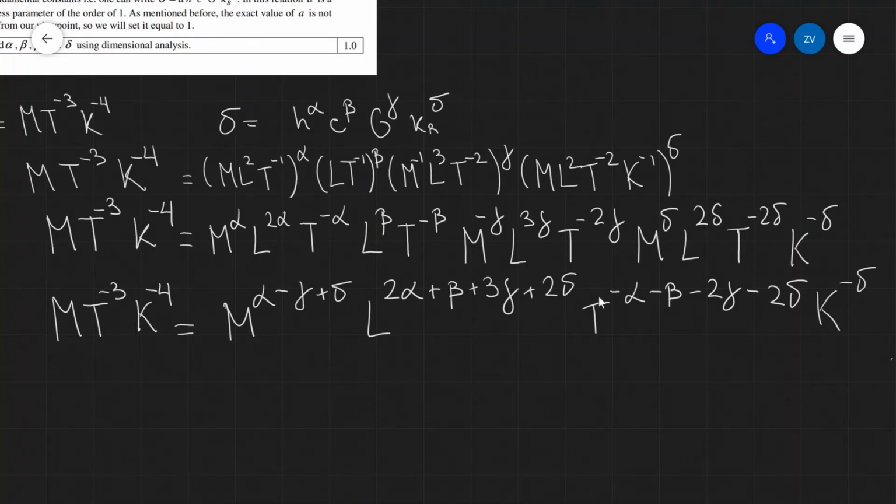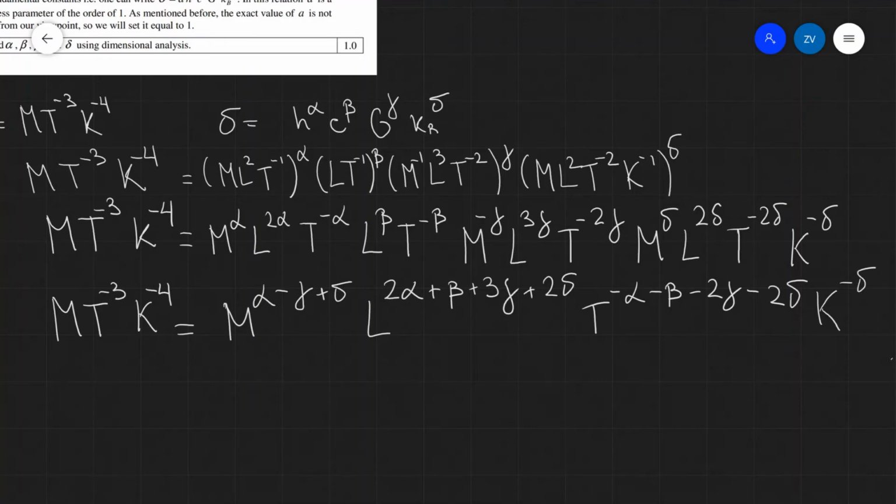The expression for the power of t will have to equal minus 3, and minus sigma will be equal to minus 4. Together, these expressions will allow us to write a system of 4 simultaneous equations that will allow us to determine those constants.